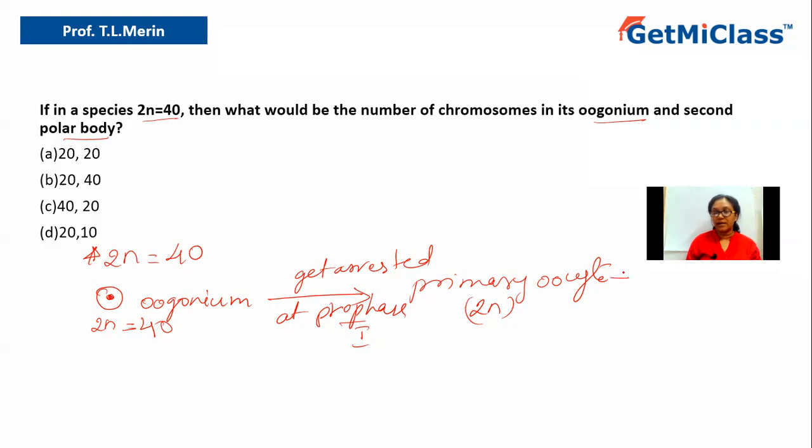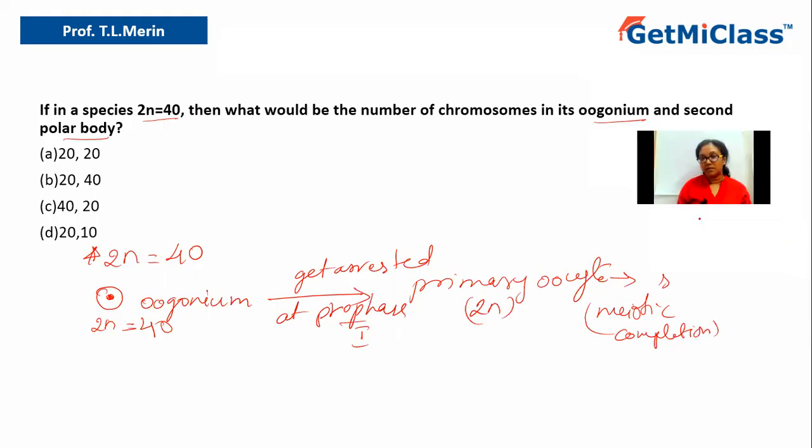Further, the primary oocyte will undergo meiotic division and complete its meiotic division. Then it will give rise to the secondary oocyte. Now you can see that it has completed its meiotic division, so it will give rise to the secondary oocyte, which is haploid, and further it will give rise to another cell which is called the polar body.